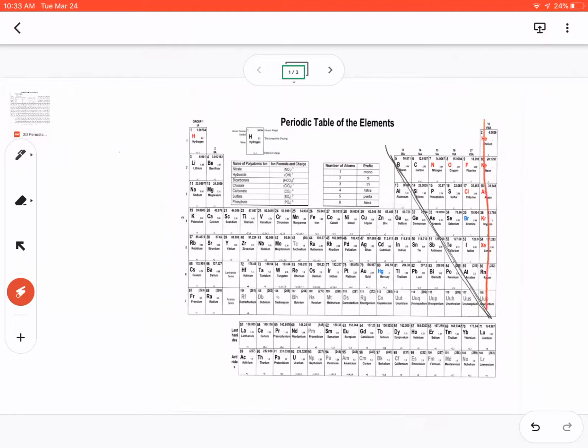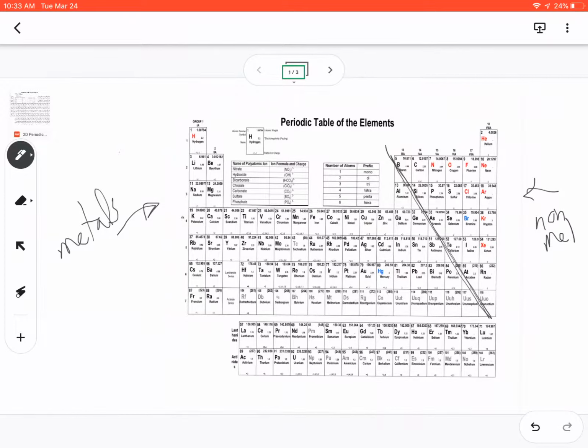Group 18 has the noble gases, which are non-reactive. When we draw our diagrams today, you're going to learn why they're non-reactive, hopefully. Again, as a reminder, over here on the left we have our metals, and over here on the right we have our non-metals.